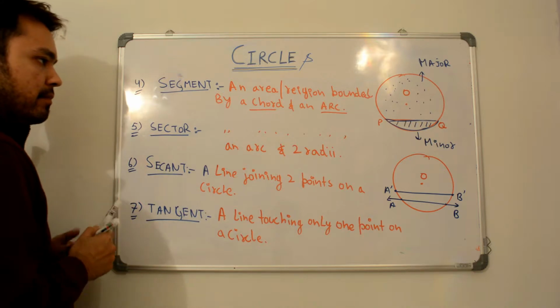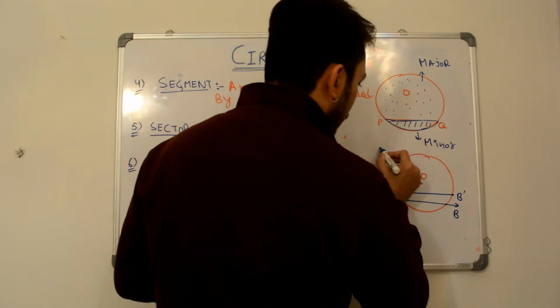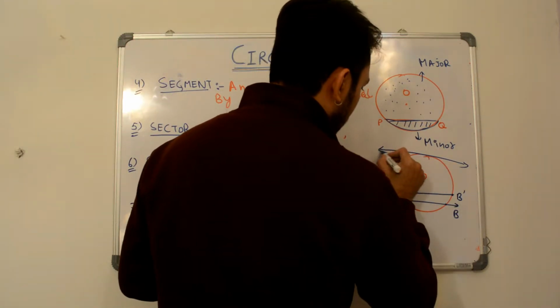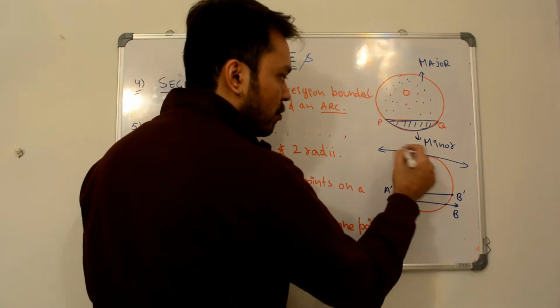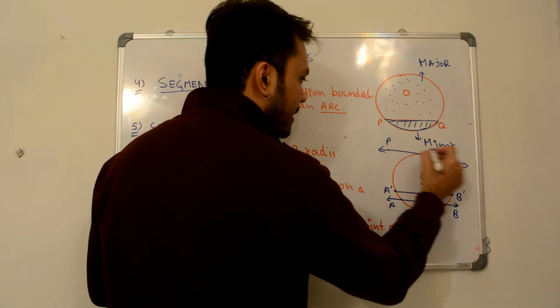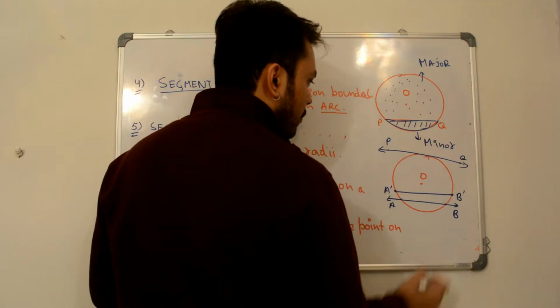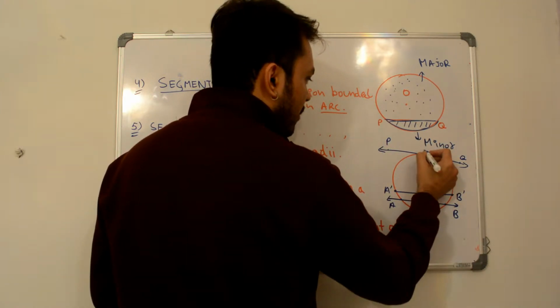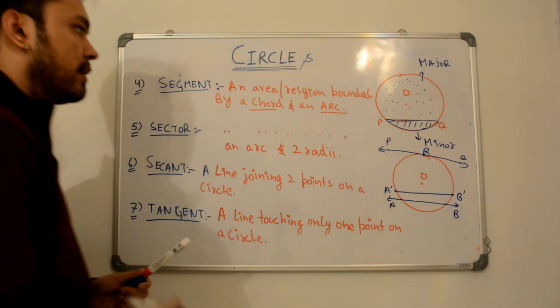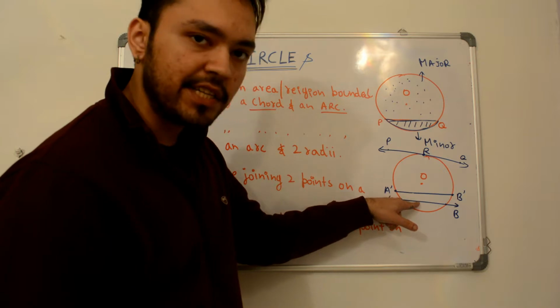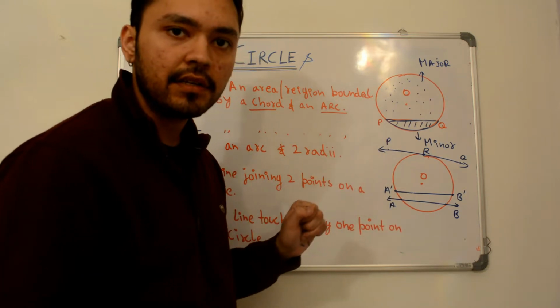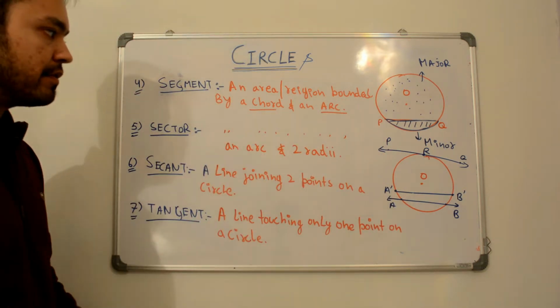In the same diagram, I shall make a tangent too. Now here, it is a line infinitely extending in both the directions. Let this be P and Q, and it is only touching one point. Let this be R. Clear? So we have here a chord, a secant and a tangent, right?